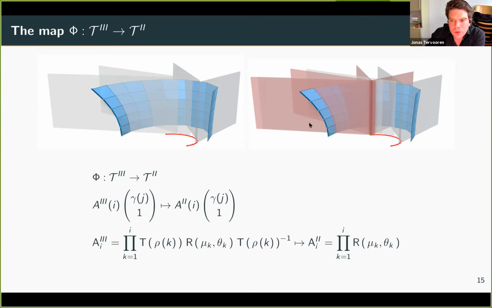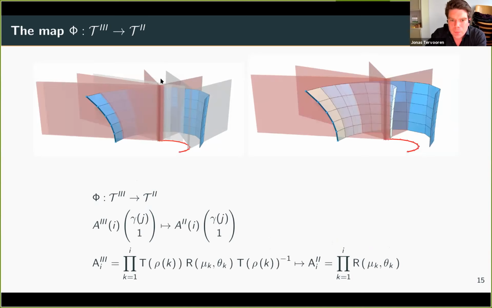By doing so, all these planes are transported parallelly to this point, because we don't change the angles of the polygon, we only shrink the length to 0.